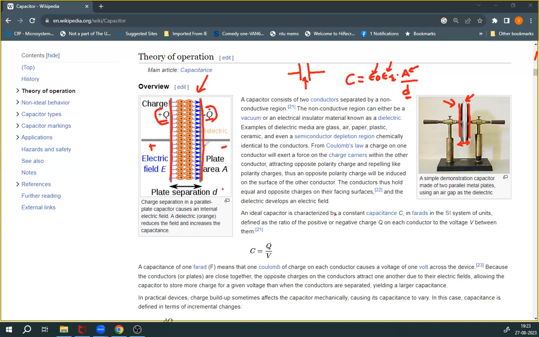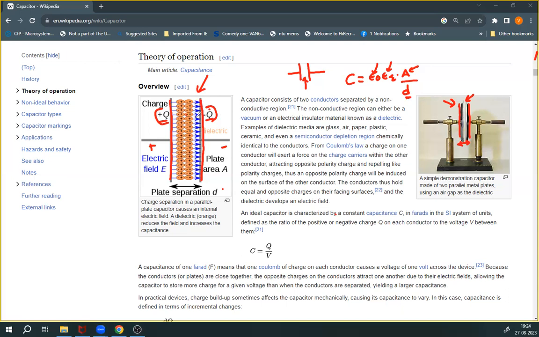There are opposite charges, due to which an electric field is generated, or electric force lines are created, which are shown in blue here, and that exerts a force from the positive charge to the negative charge. That's basically Coulomb's law.